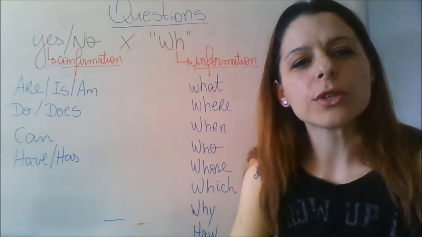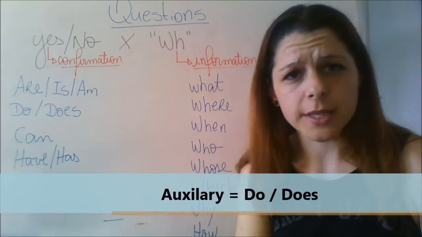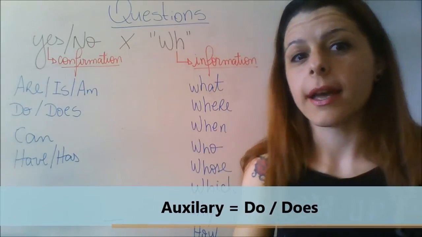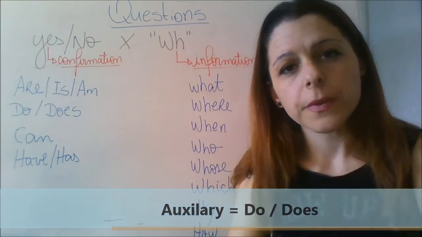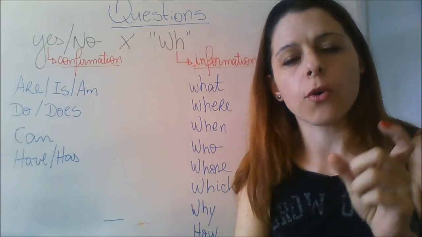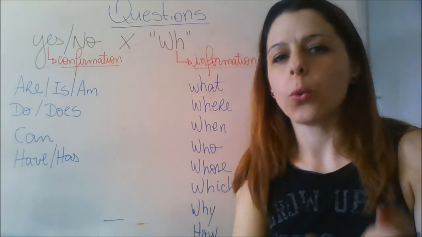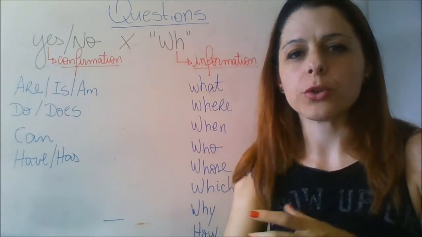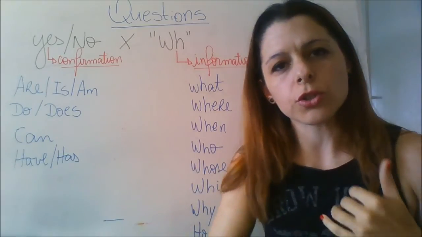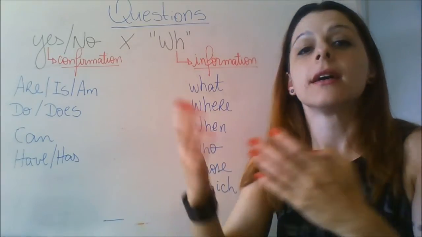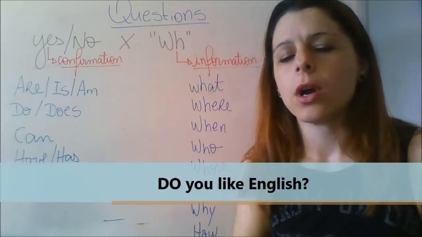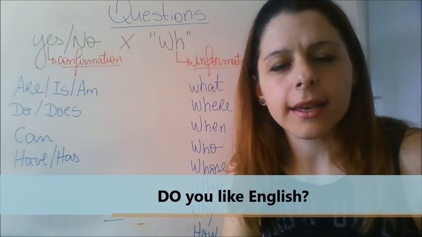then we can use auxiliaries to start. For example, do and does. Remember, do is the auxiliary for I, you, we, and they. So we use before these pronouns to ask the question, to ask yes or no questions. For example, do you like English?